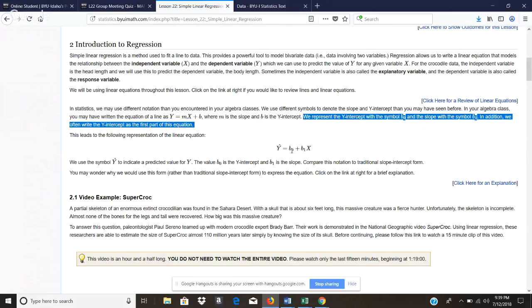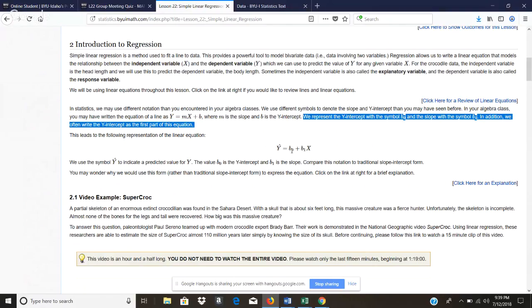Instead of being the slope, b subscript 0 is the y-intercept, and b subscript 1 is the slope. They switch it around because in algebra, y equals mx plus b, where m is the slope and b is the y-intercept. So they basically just switch it around in statistics. Does that make sense?